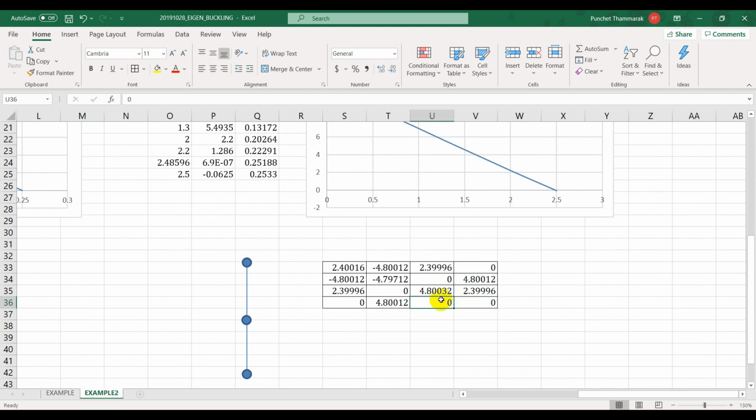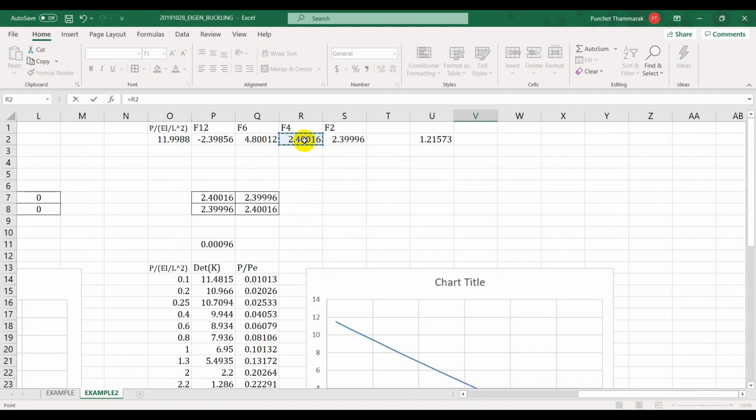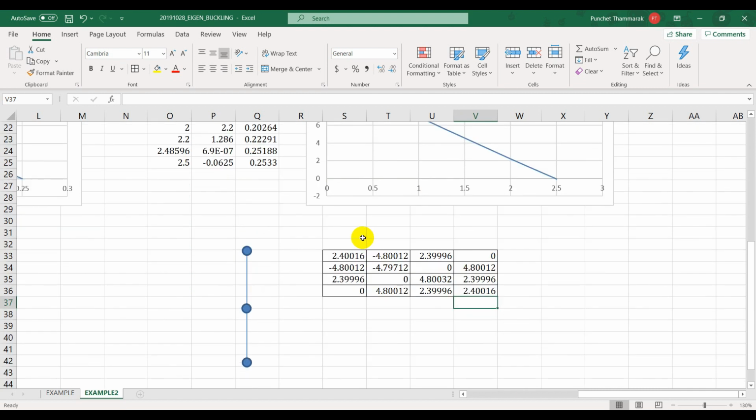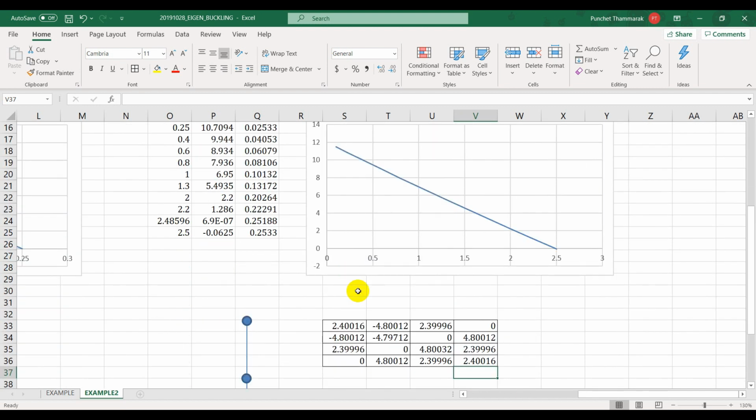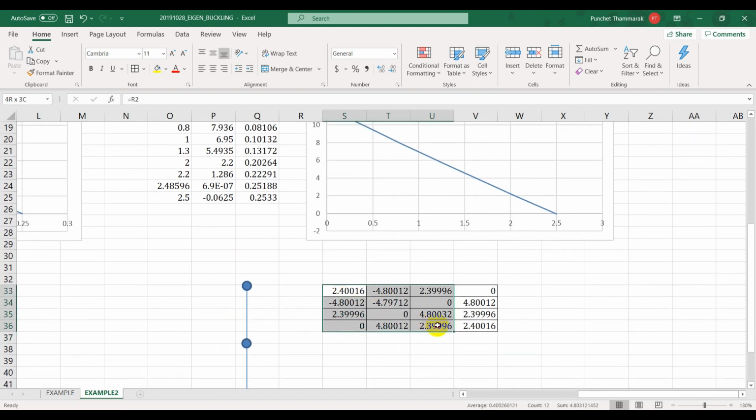And it has this one, the 2. Okay, this one is equal to this one, and the last one was supposed to be F4. Okay, so we will go seek for the determinant of this matrix.